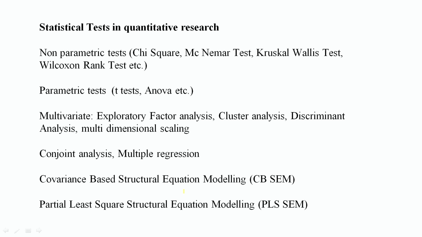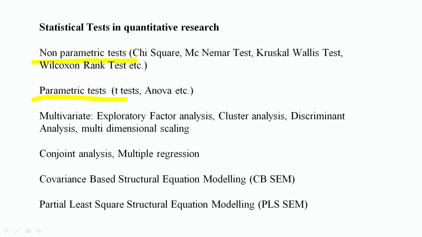So we have two major forms of tests called parametric and non-parametric tests. This depends upon the kind of data that you have. If we have normal data and our variables are metric variables, we use parametric tests. I am not going into the detail about these tests, just making you familiar with the terms.